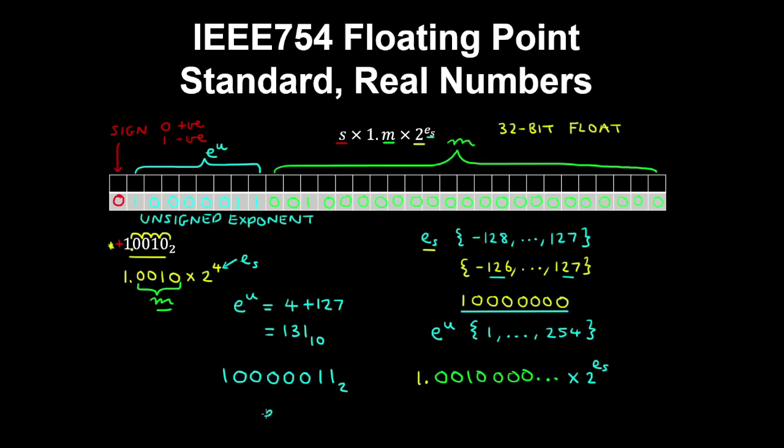So the signed exponent is obtained by subtracting 127 from the unsigned exponent. So here we get 131 minus 127, which is 4. And therefore, this is 10010. So in base 10, this number is 18.